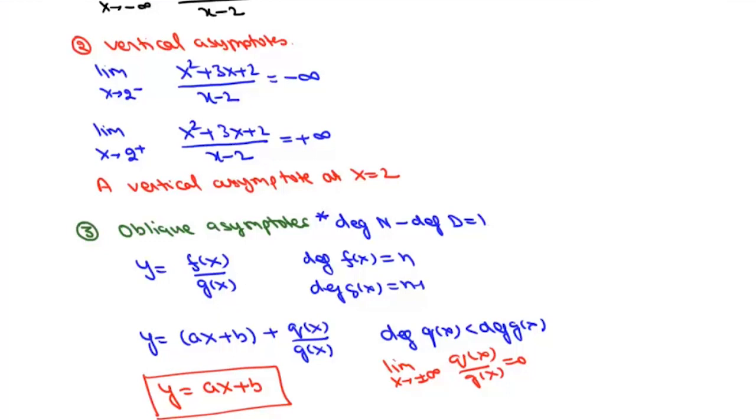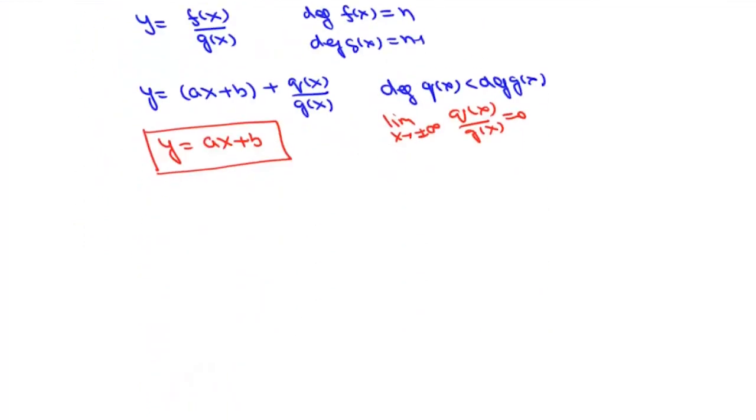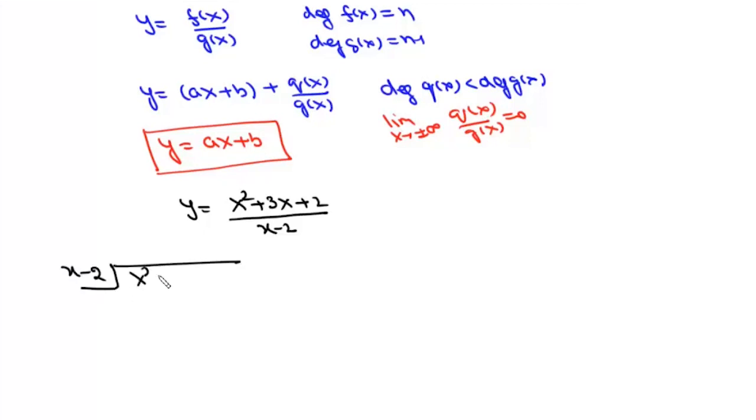So we come back to our example. Our function is y equals (x square plus 3x plus 2) upon (x minus 2). So we divide, we can write x minus 2, and here it is x square plus 3x plus 2.